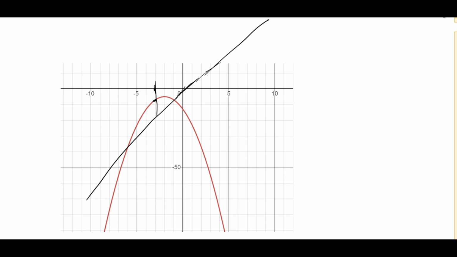I have to draw the image for this. Now the image of this particular point will be somewhere here. Okay, image of this particular point, image in this particular line.